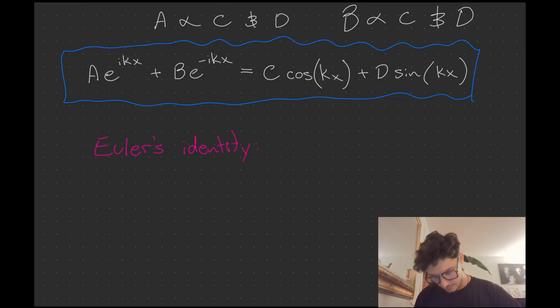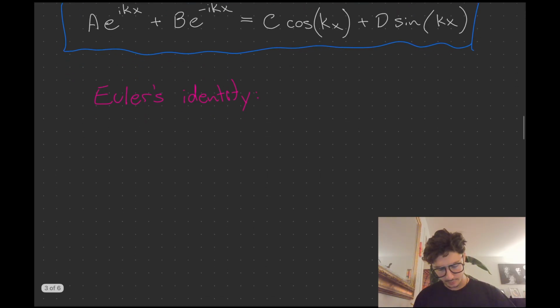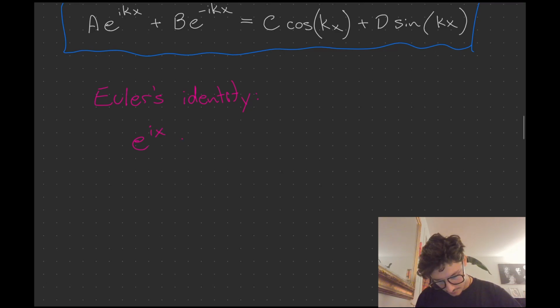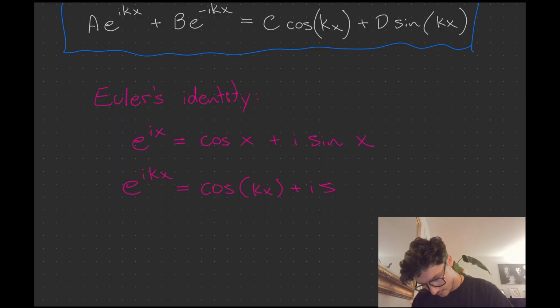I don't know if it's actually an identity or an equation or a theorem or something like this, but I know that e to the ix is equal to cosine of x plus i sine of x. And I also know that if we multiply something here, kx, then we get cosine kx plus i sine kx.